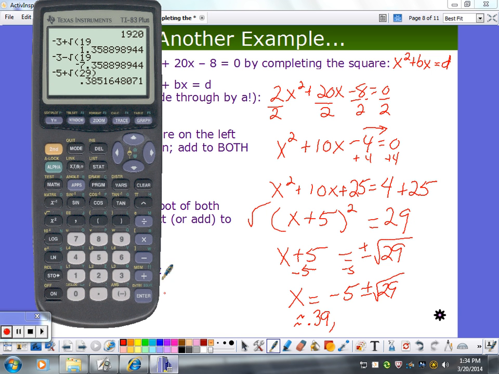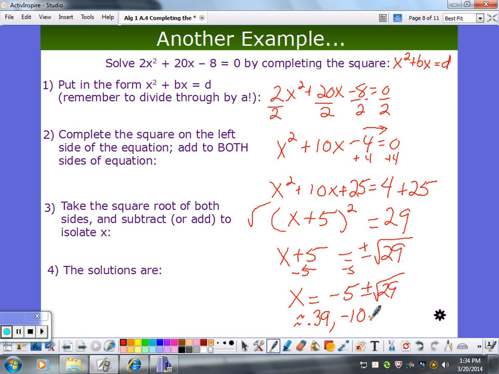And then I'm going to look for my other solution, which is negative 5 minus the square root of 29. And then I get negative 10.39. These are the solutions. This is it to the nearest hundredth. This is it exactly.